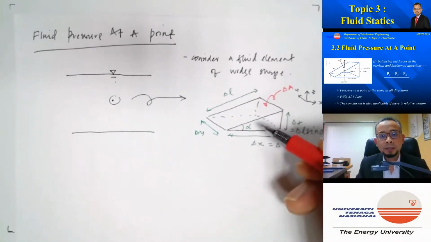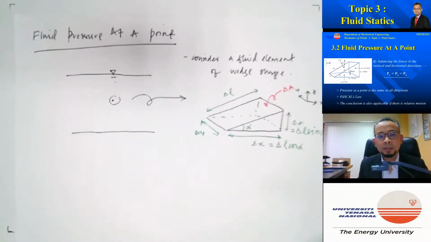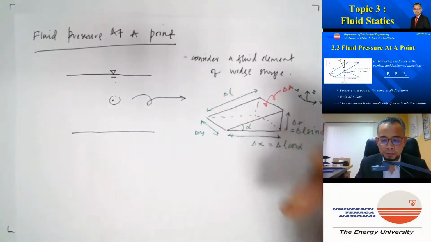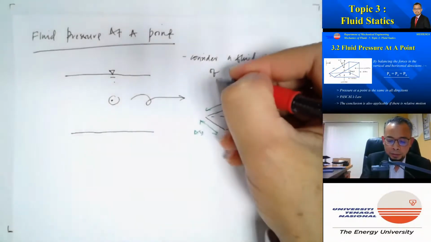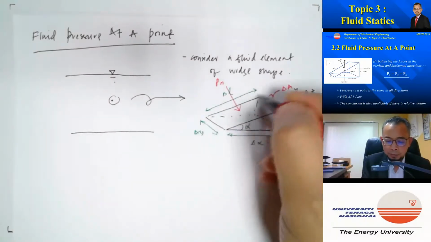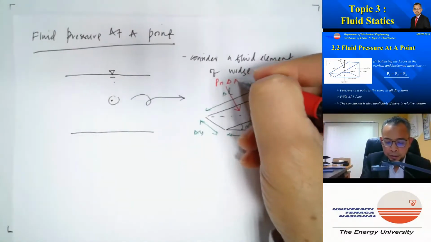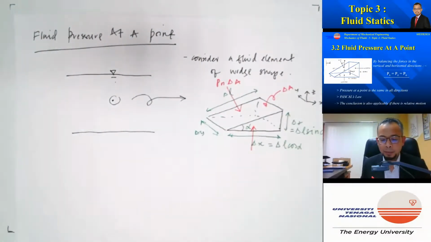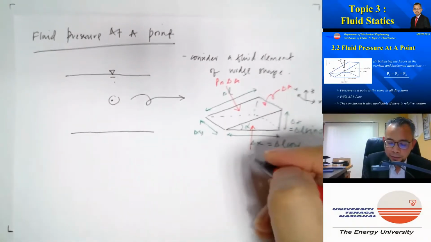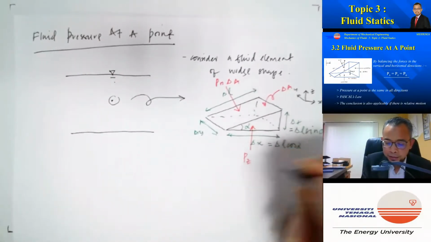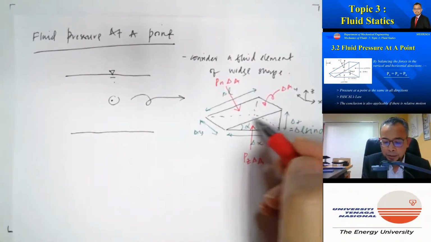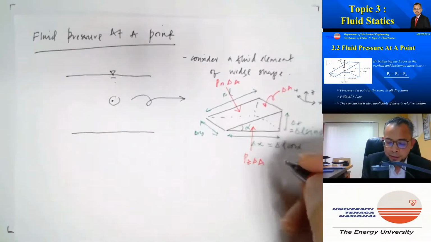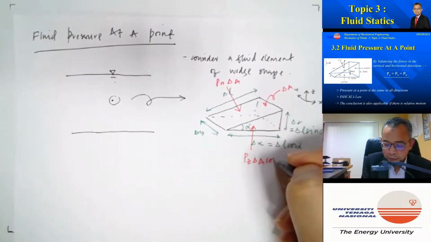Now let's consider the hydrostatic forces acting on these surfaces. Hydrostatic force will act perpendicular to the surface and towards the surface. So here, in the perpendicular direction, Pn multiplied by this area, so Pn delta A. In the upward direction on the bottom surface, it is Pz multiplied by the area, but the component of delta A on the bottom surface is delta A cos alpha.